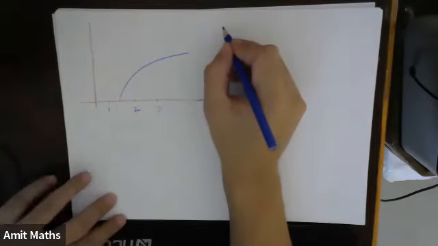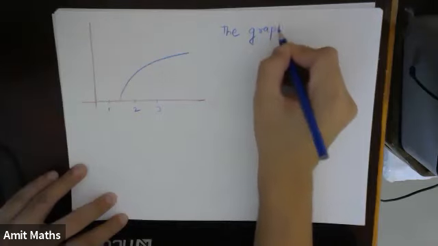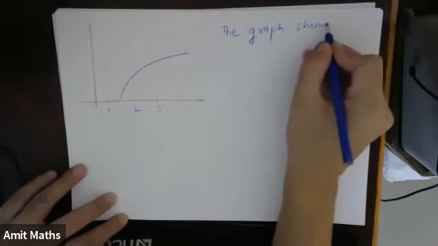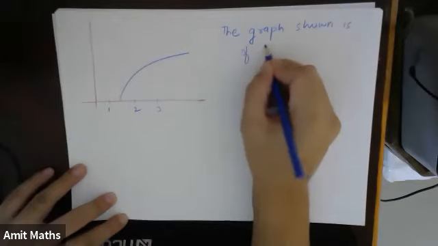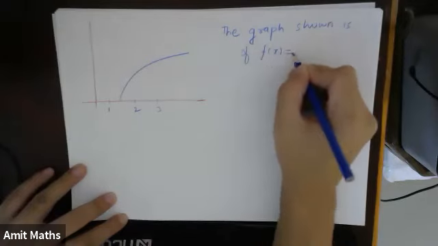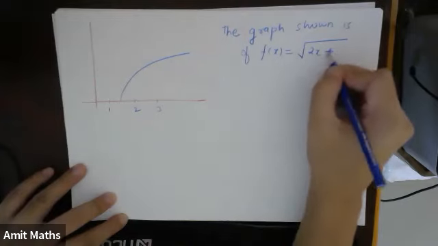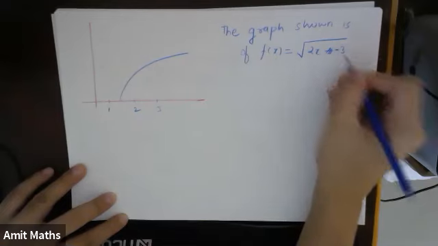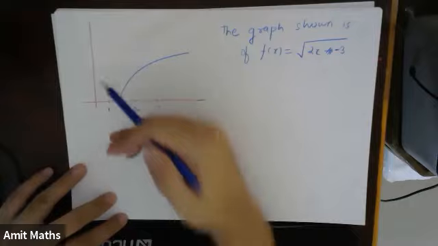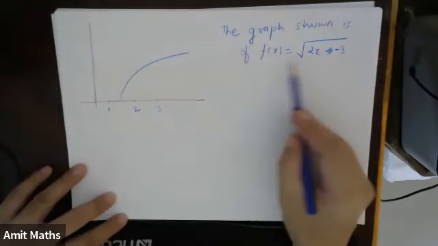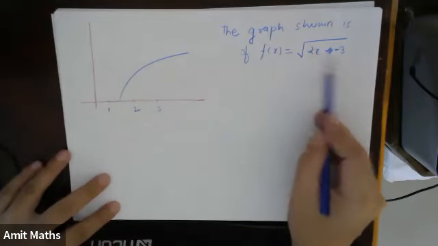Okay, so the question given is the graph shown is of f of x equal to under the root of 2x minus 3. So this is the graph of under the root of 2x minus 3. It will be positive, so everything will be above the y-axis.